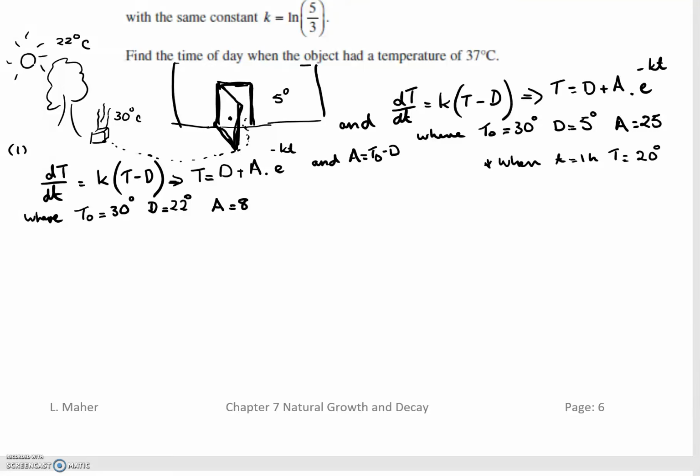Okay, I think I should just explain what I've got so far before I go through the entire solution. Here I've drawn a diagram. We're out in a park. It's a constant 22 degrees in the park, and there's an object which is 30 degrees. We've got some heat coming off this object.